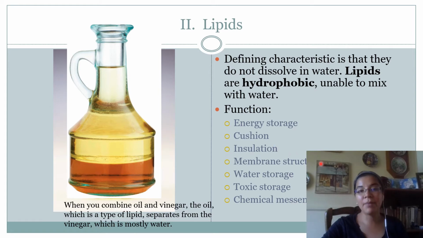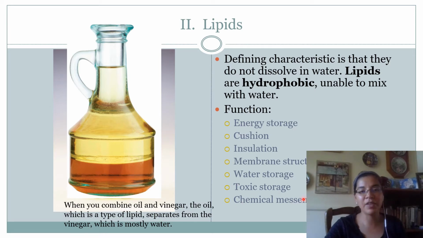Insulation, membrane structure: you'll find lipids making up the structure of cell membranes. Water storage, toxin storage. For example, in our body, if the liver does not know how to break down a synthetic molecule, it will send it off and store it in fat cells. And then they also act as chemical messengers.